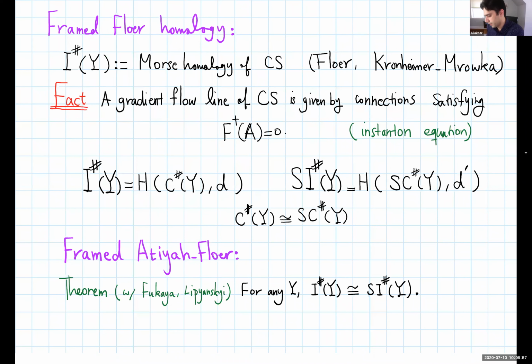Here we have this relation between the chain complexes and the nodes. You can identify the chain groups. The chain complexes might not be isomorphic, but the chain groups are isomorphic.